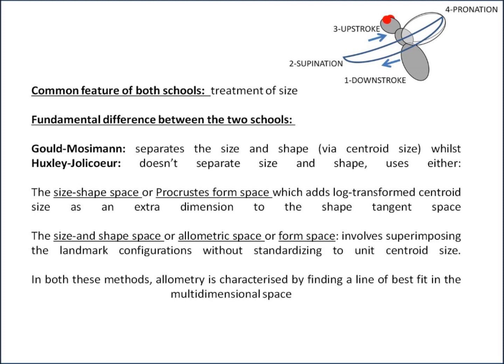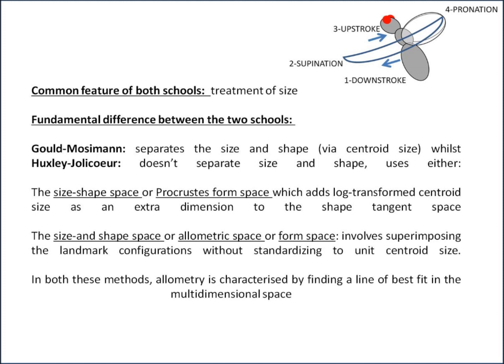The Huxley Jolicoeur school uses either the size-shape space, also called the Procrustes form space, which adds log-transformed centroid size as an extra dimension to the shape tangent space, or the alternative method, the size and shape space. Slightly confusing, they're very similar.